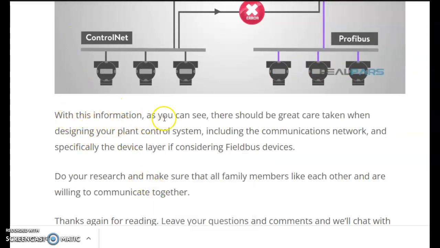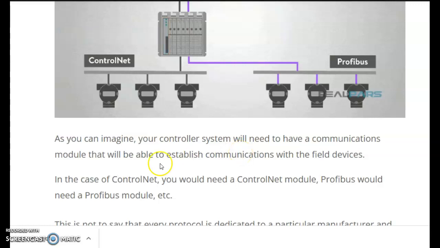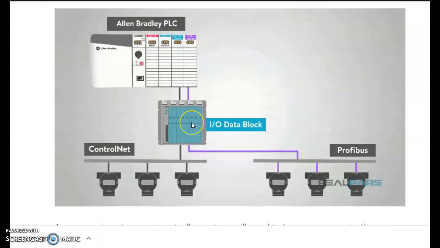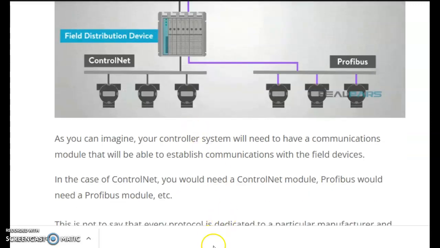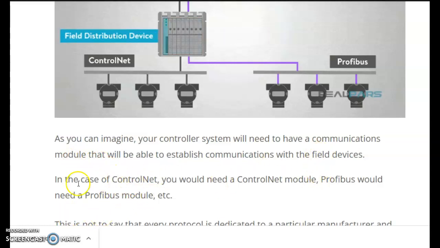This is information. As you can see, great care should be taken when designing your plant management, including the communication network and especially the device layer if considering field-based devices. As you can imagine, your controller system will need a communications module that will be able to establish communication with the field devices.